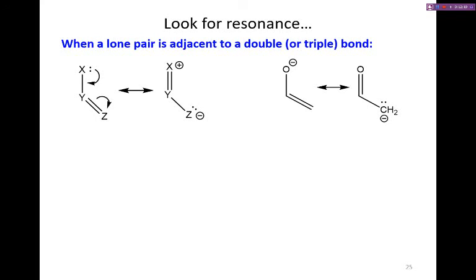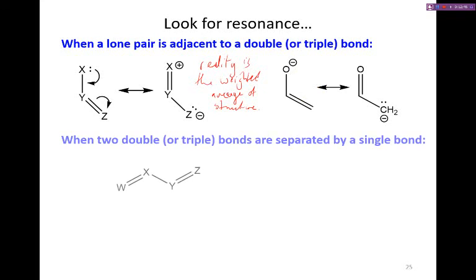Now again, we know that the reality is the weighted average of these resonance structures. And so it's somewhere in between these two different forms.